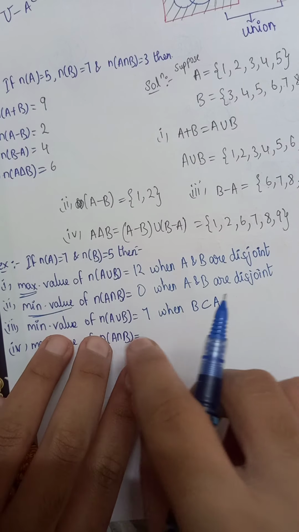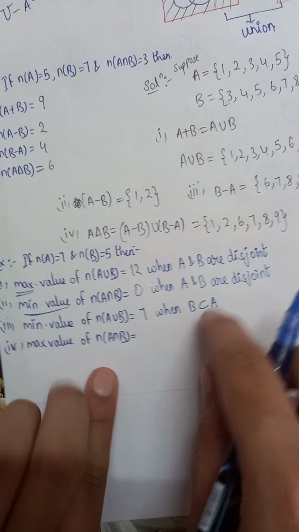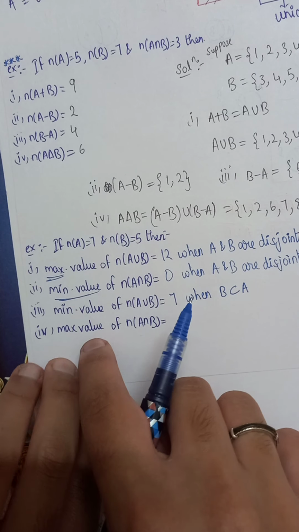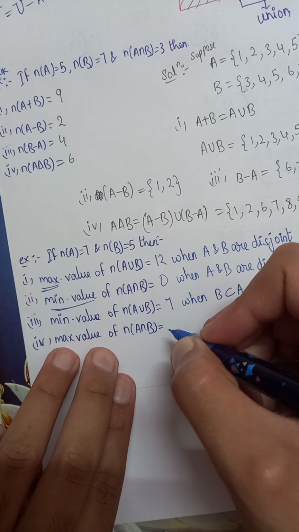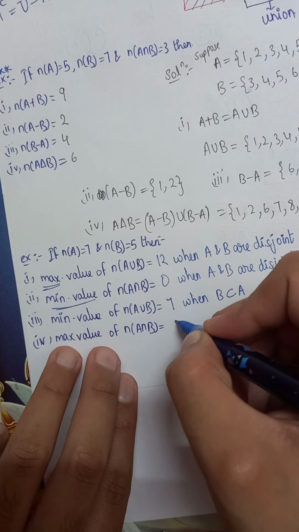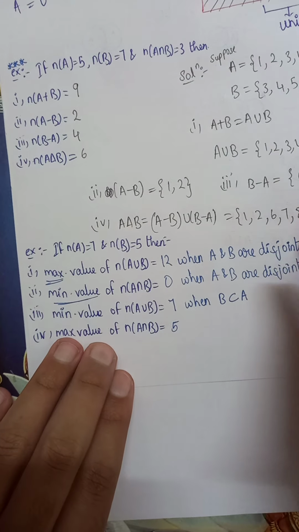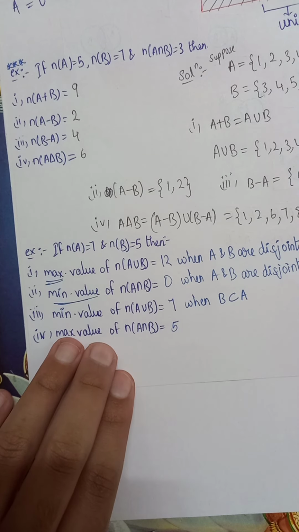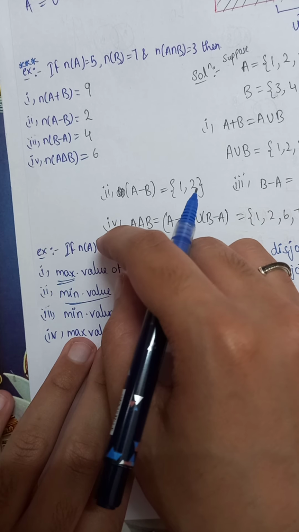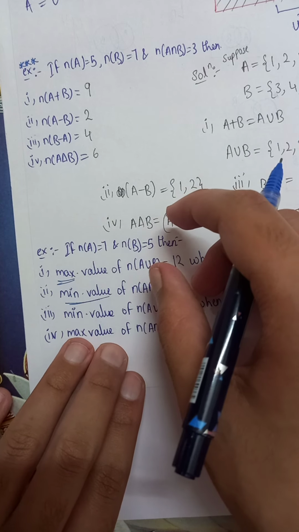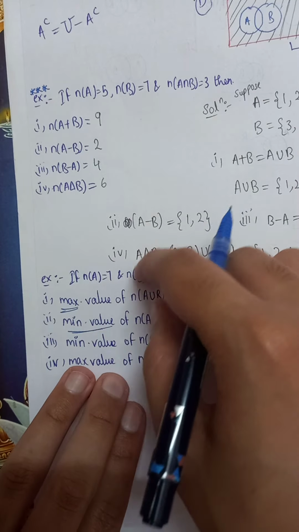So the minimum value is 7 when B is a subset of A, and the maximum value of the number of elements in A intersection B is 5. There cannot be more than 5 because the total number of elements in set B is 5 and in set A is 7. If you say 6, then you are exceeding the value.